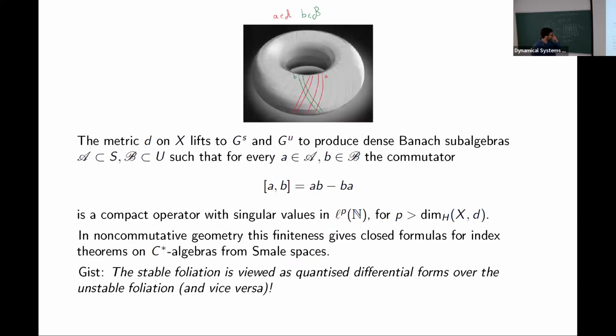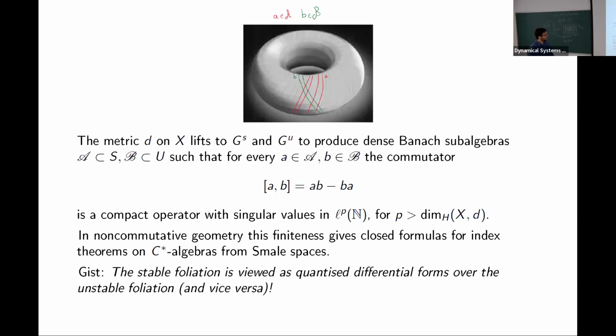Here's this last slide. One of my previous works was to study those stable and unstable foliations for Smale spaces. And the following interesting thing is happening. You can take the metric D on the Smale space and lift it to a metric on these equivalence classes. That's not an obvious thing to do, it's quite elaborate, but it's possible.